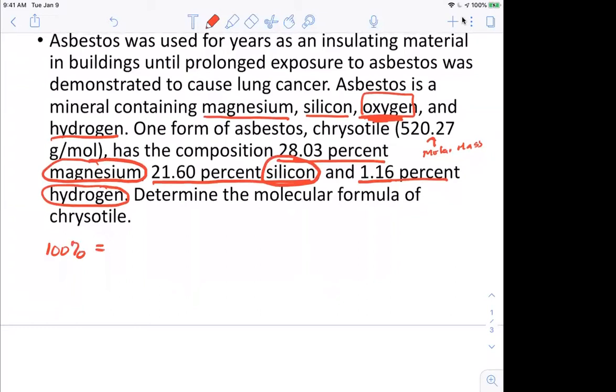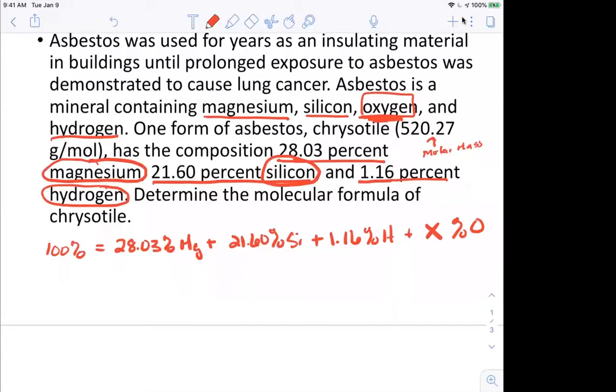So we know that if I have 28.03% magnesium and 21.60% silicon and 1.16% hydrogen, the sum plus X is going to equal 100, where X is the percent oxygen. So I can use this equation in order to figure out the percentage of oxygen in this material.